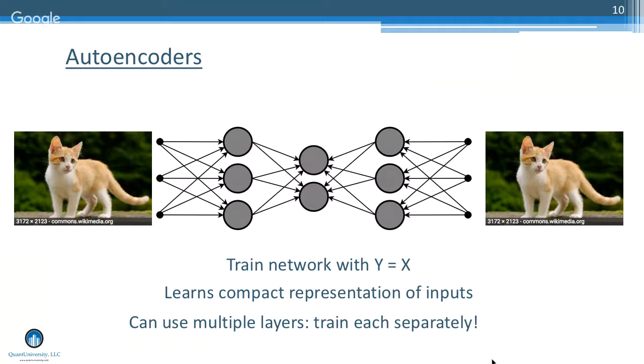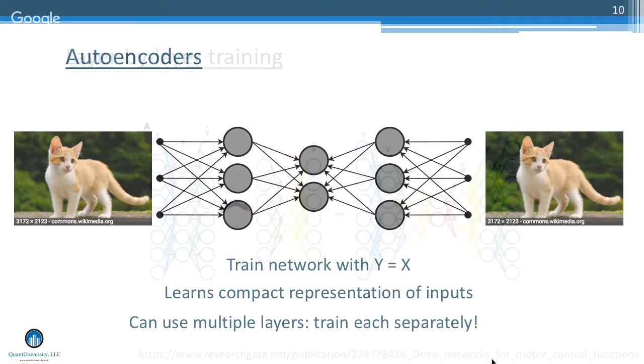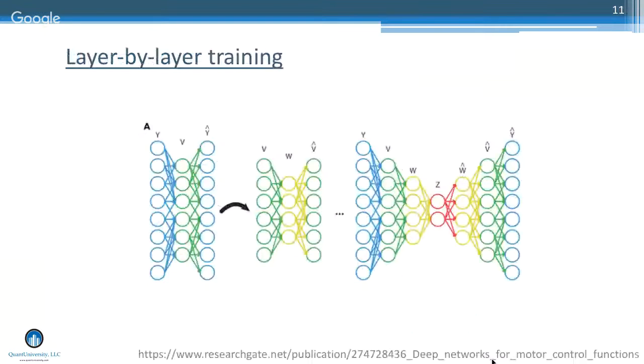Because using those as my input, I can uncover the respective attributes for my output. And if I start expanding the number of layers, and I could have multiple input layers, and I can train each one of them separately, then I'll have a deep autoencoder network.